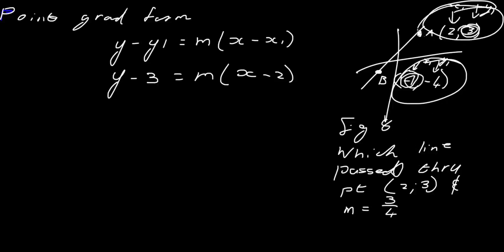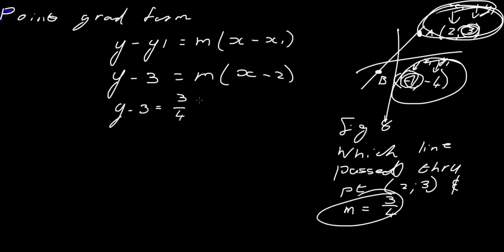So here we've chosen to use point A, we've subbed it in, and they also said the gradient is 3 over 4, so y minus 3 equals 3 over 4 into x minus 2. And then we're just going to write that in our gradient intercept form by rearranging this equation. So y minus 3 equals 3 over 4 x minus 3 over 2.